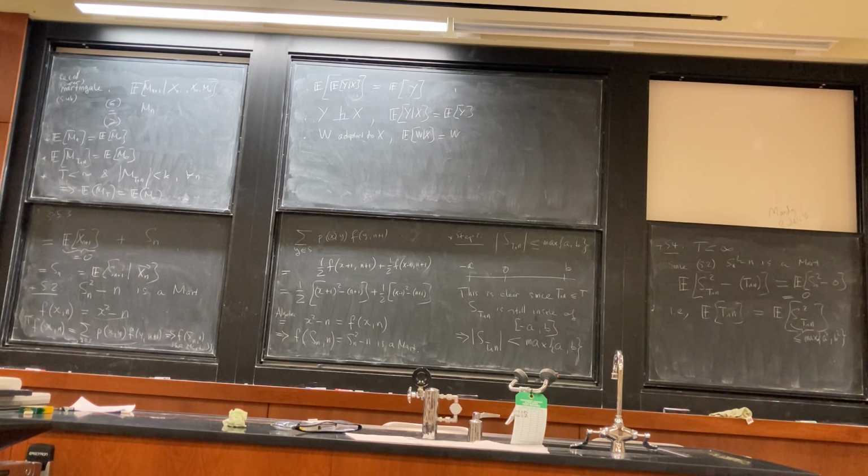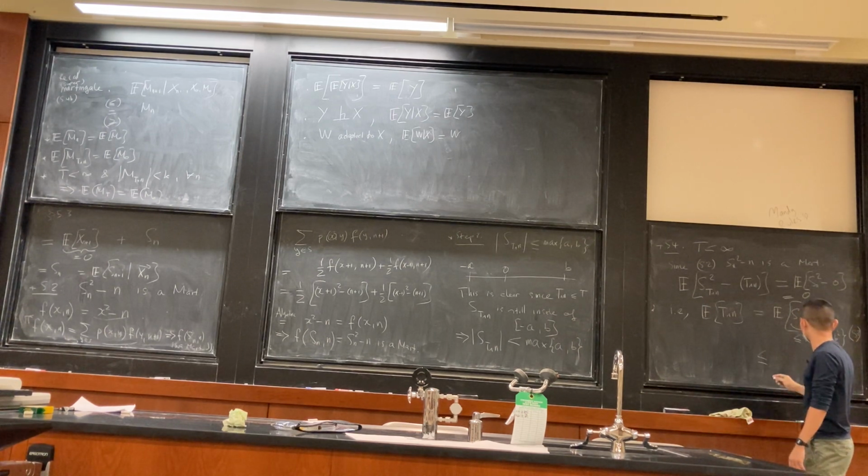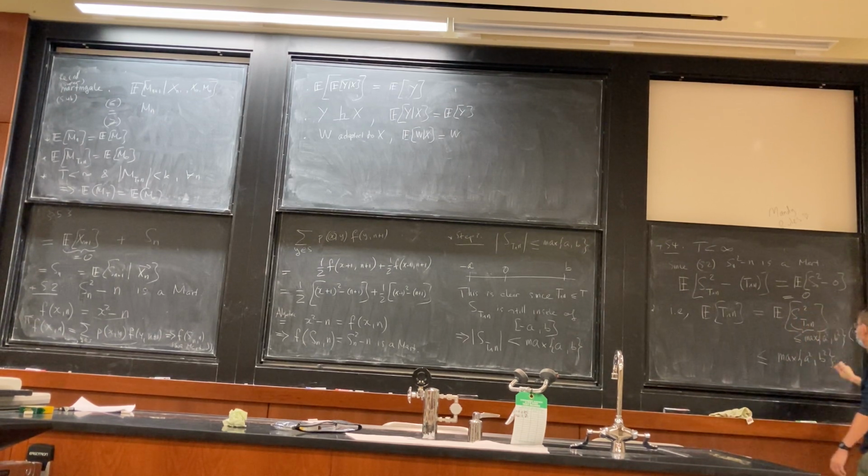Right? From step 3. And so the expected value of this is always trapped by the maximum of a squared and b squared.